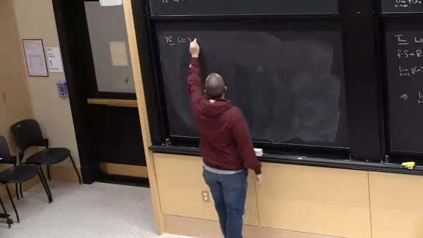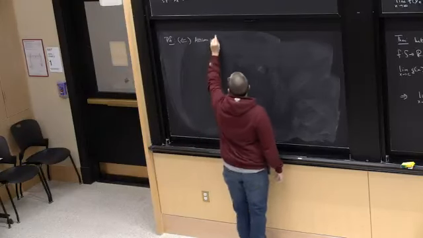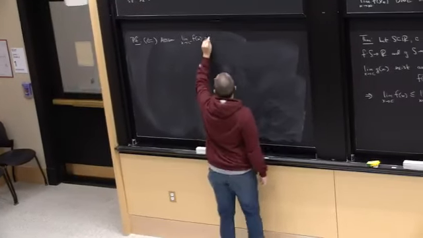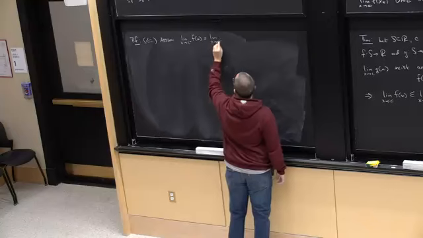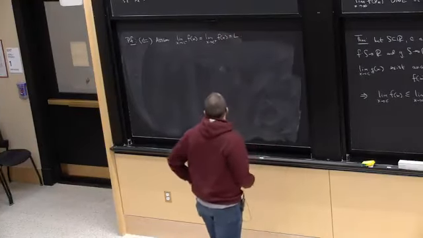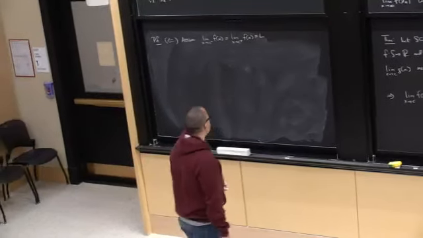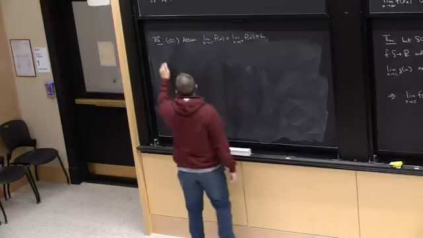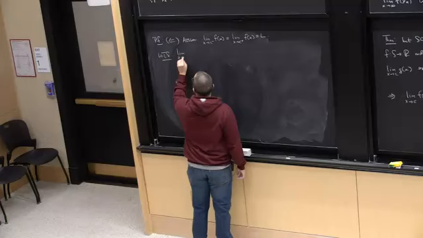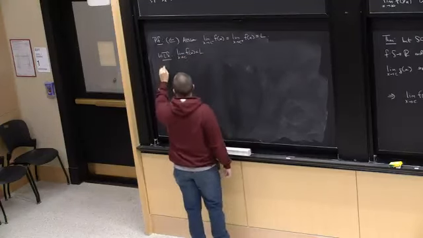So let's assume that the left limit equals the right limit equals L. And now we want to show that the limit as x goes to C of f of x equals L. So let's go back to the definition.